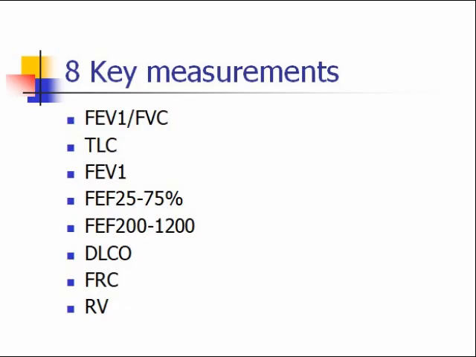Those 3 measurements are going to indicate to us various levels of obstructive condition, and they will also be affected by any change with bronchodilators. Then we have the DLCO, where 80% or less indicates an abnormality. Then we also have the FRC and RV, and both of those are abnormal if greater than 120%. FRC is hyperinflation of the lungs. RV is air trapping.